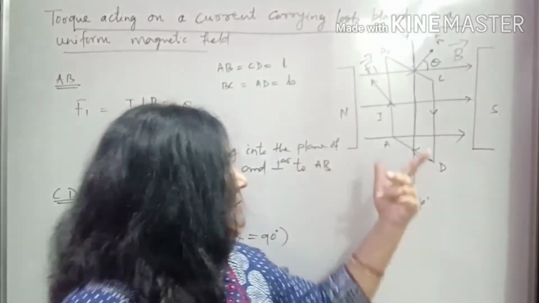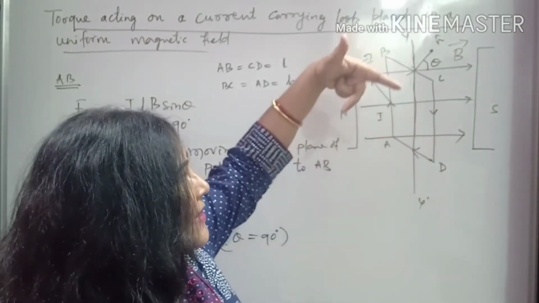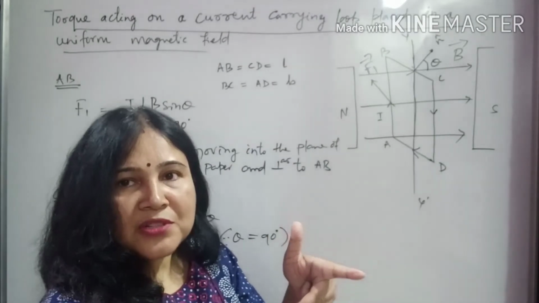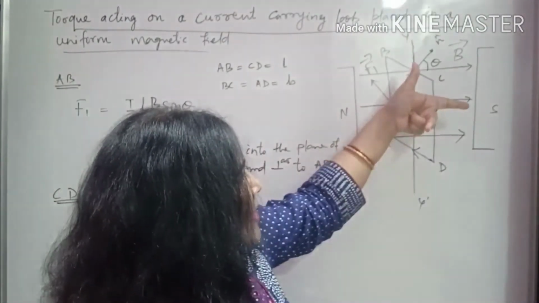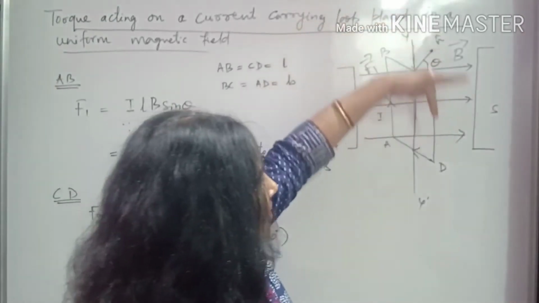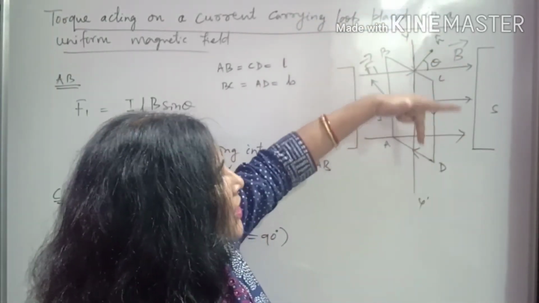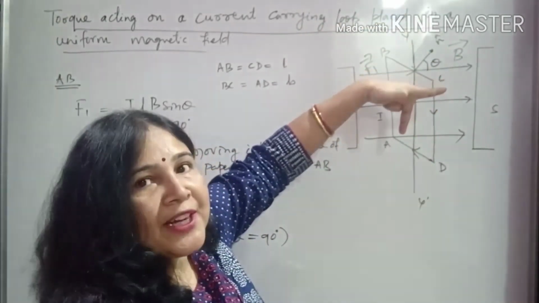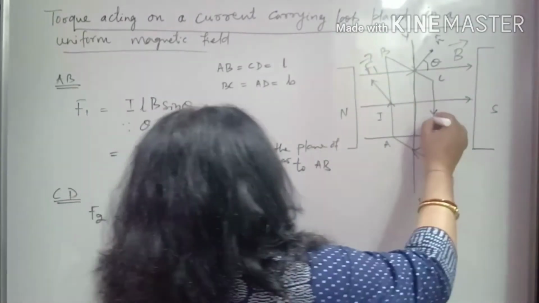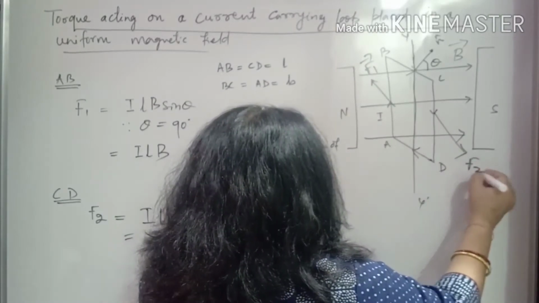Now let's apply Fleming's left hand rule for this case. As I said, the first finger points in the direction of the magnetic field. The middle finger points in the direction of the current. In the CD arm, you can see the current is moving down. The thumb will indicate the direction of the force. So where is it indicating? It is moving out of the plane of paper. This is F2's direction.